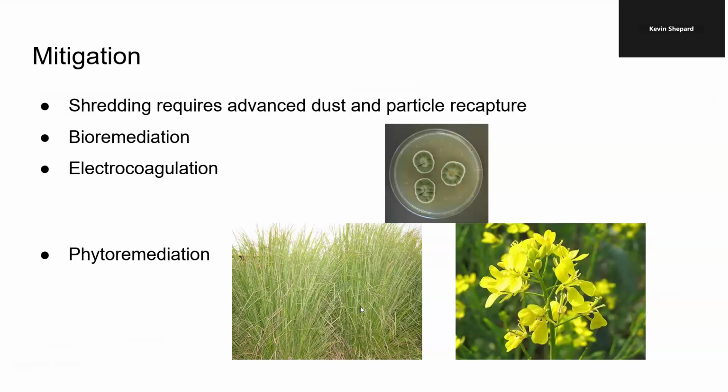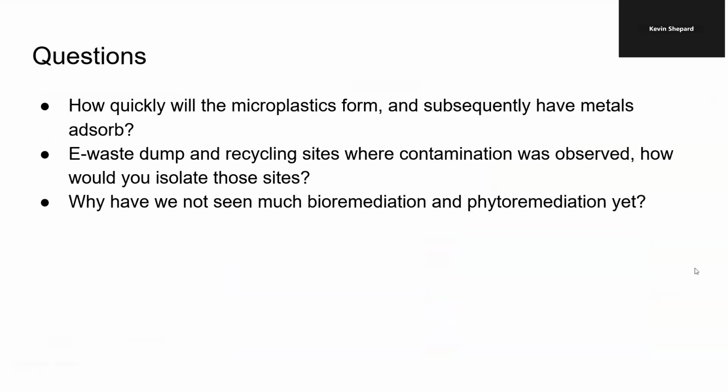These two plants provided in the paper as examples are called high uptake plants, meaning they take up a lot of the metals. This is a mustard plant, I believe a specific breed, and this is a grass-type plant. Essentially, these plants absorb a lot of these metals and remove them from the system.